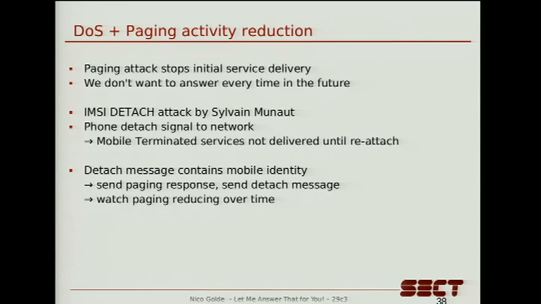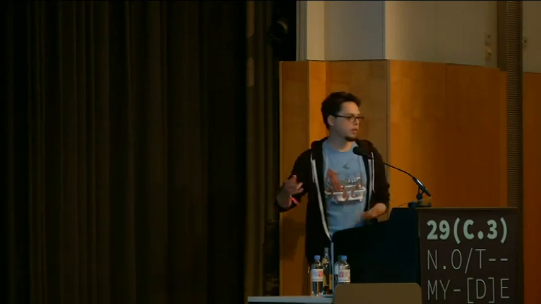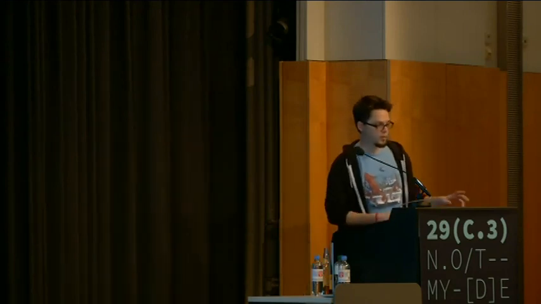And the nice thing about this signal is that it's not authenticated at all. So just by using the mobile identities contained in the paging request, you can first do the paging attack and then send an IMSI detach at some point afterwards, and you don't have to care about the subscriber again. So the paging will reduce over time, and this becomes easier.